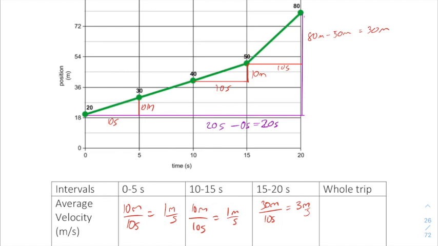And a total from 20 to 80, so 80 minus 20 gives us 60 meters. So it's 60 meters divided by 20 seconds, and that gives us 30 meters per second. And I realize that these are all 5 seconds, and I'm a bad calculator here.